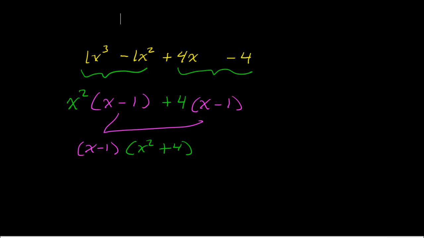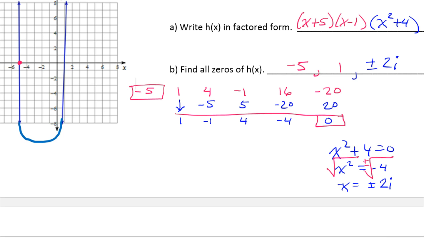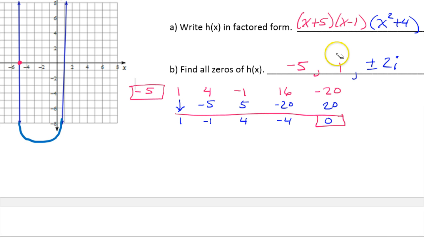Now, let's say you didn't notice the whole grouping thing. Let me show you how you could have gotten to the same answer by continuing with synthetic division. Let me move this out of the way for a second. Okay, so we did the -5. So, so far, let me just rewind the clock.